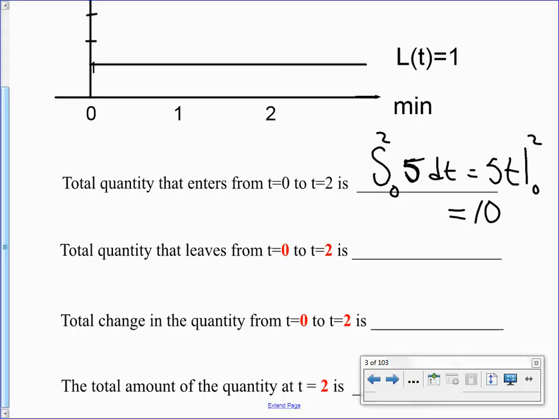Well, let's do it the old calculus way. If you want to get the total quantity that leaves, what would you integrate? From 0 to 2, 1, because that's the rate at which the water is leaving.